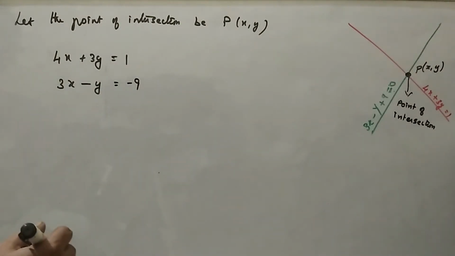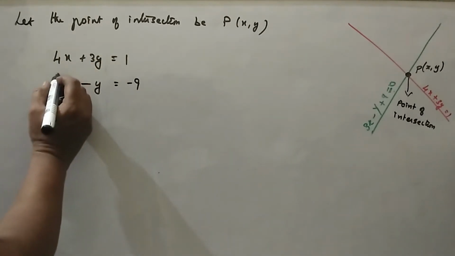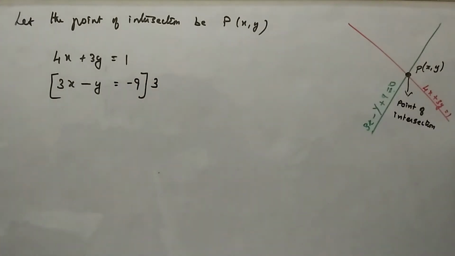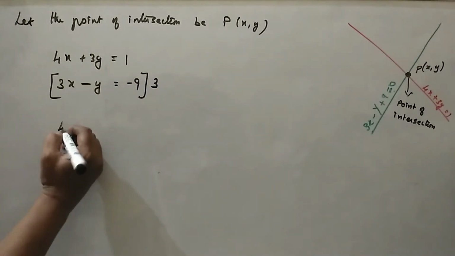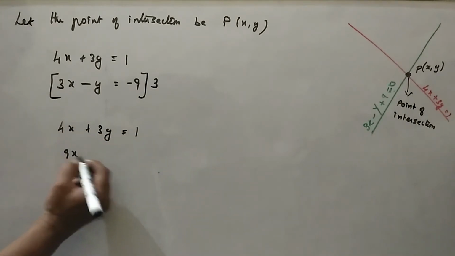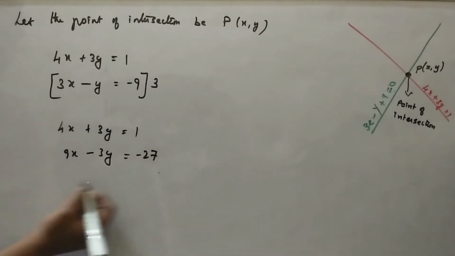So, apply the elimination method or substitution method. What I am going to do is multiply this by 3. You will write 4x plus 3y is equal to 1, and 9x minus 3y is equal to minus 27.